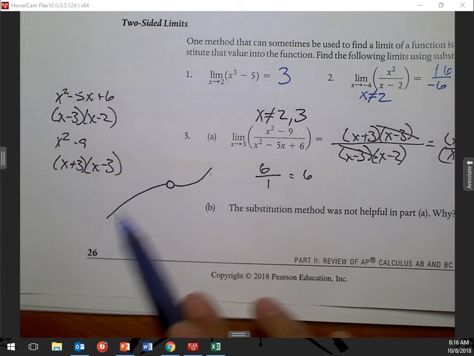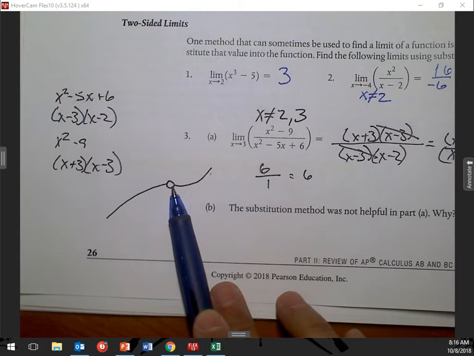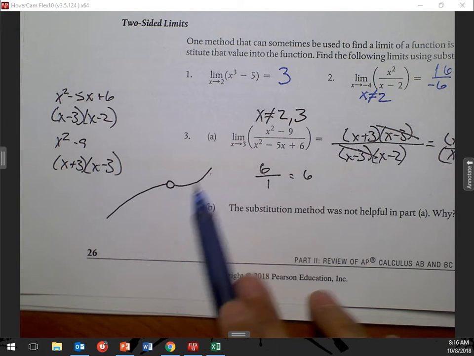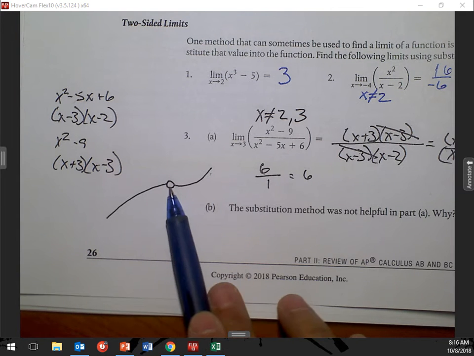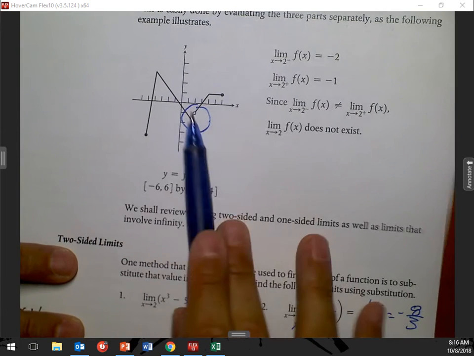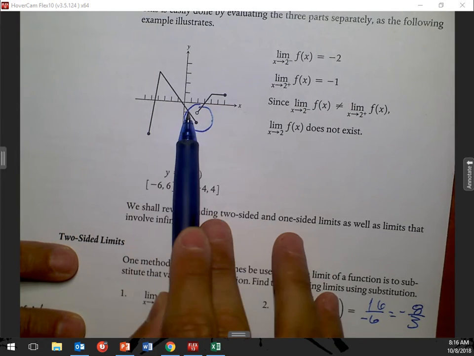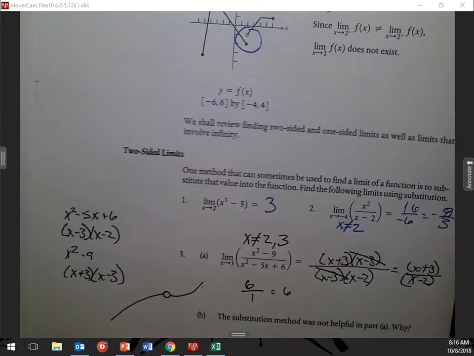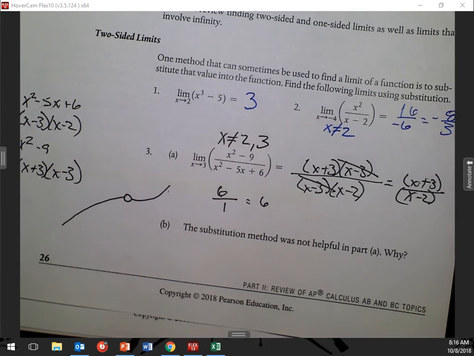That is a discontinuity. That is a hole in my track, just one spot right there. This one's a jump, so if I'm on the roller coaster, you jump from here to here. And a hole is just a hole in the track. Does that make sense? Is everyone okay there?